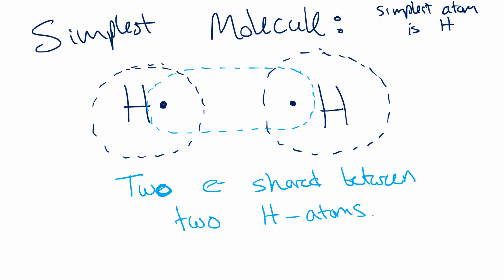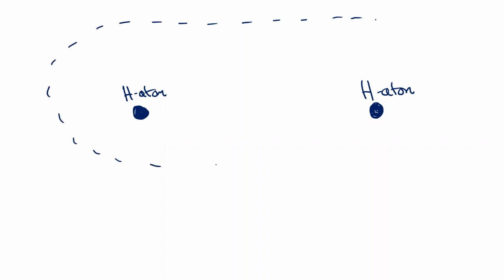So that brings us then to what that molecule actually looks like. You end up with the nucleus of 1 H atom and the nucleus of another H atom, now surrounded by a shared electron cloud, and the electrons will tend to spend a little bit more of their time between the atoms.